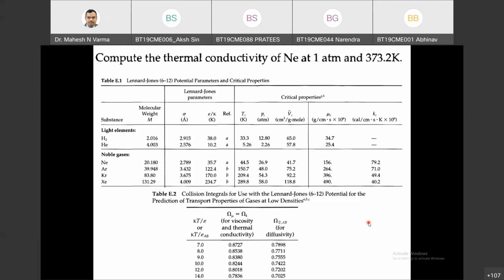How you got that 0.821? Sir, using T epsilon by K. What is the value of epsilon by K? 10.4, sir. T epsilon by K or KT by epsilon? KT by epsilon, sir. How you got KT by epsilon?